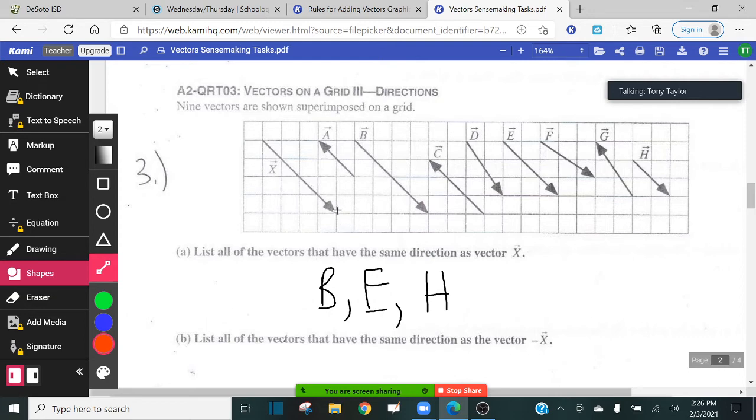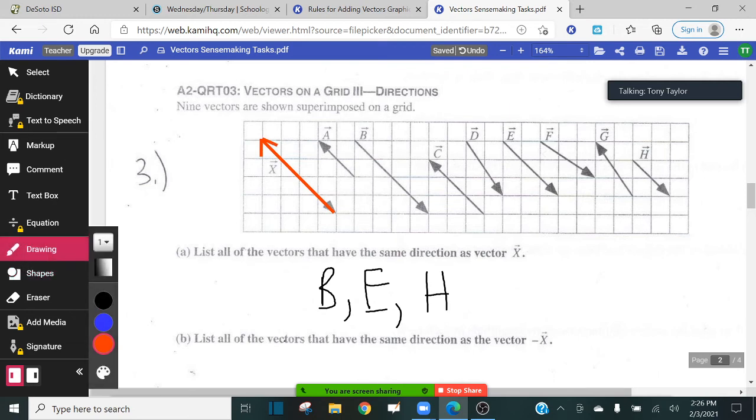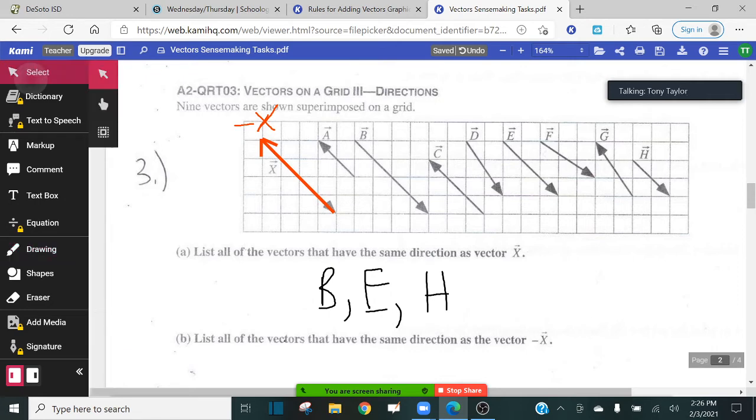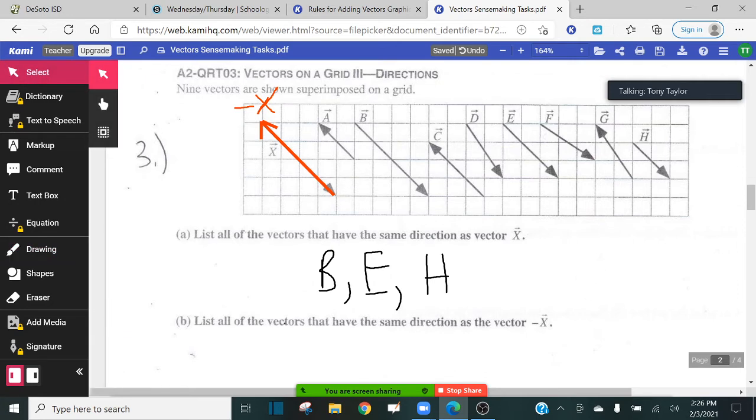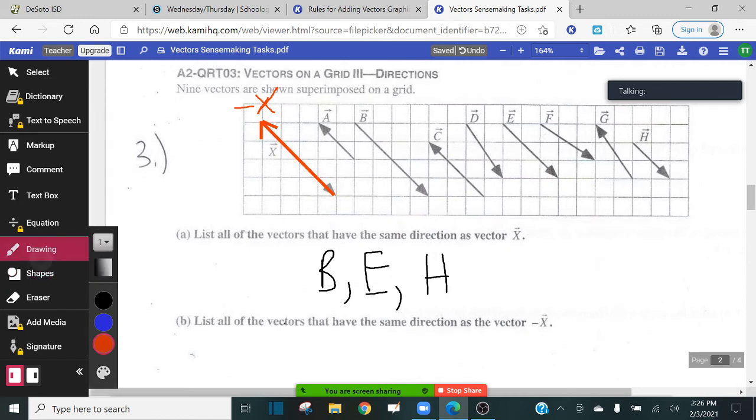So instead of pointing this way, negative x will point this way. Okay. So what I just drew is negative x. So the vectors that point exactly in that direction, you are right, Irina. It is A and C.